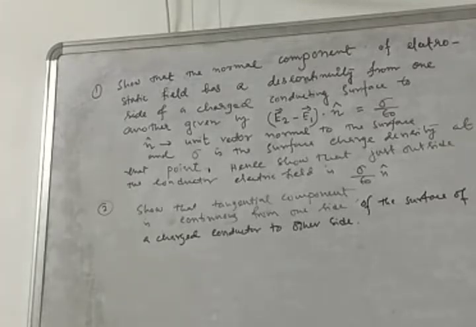These are the two parts. The first part, which I have to prove, is that the normal components on the two sides of the conducting surface are not equal.